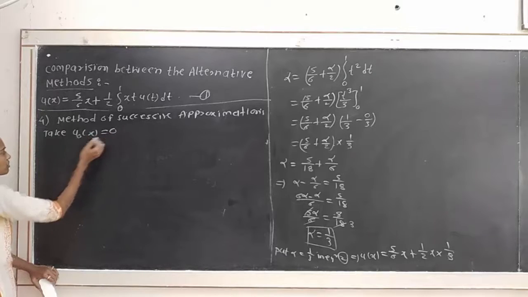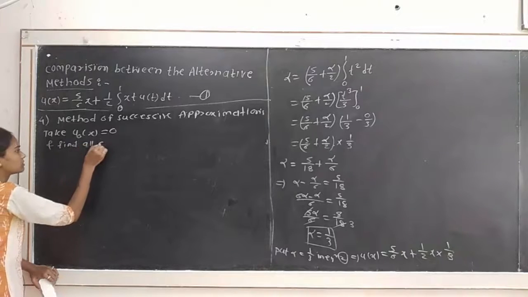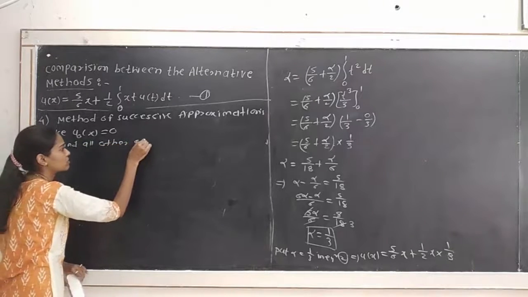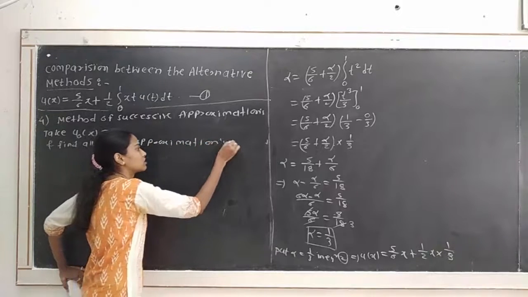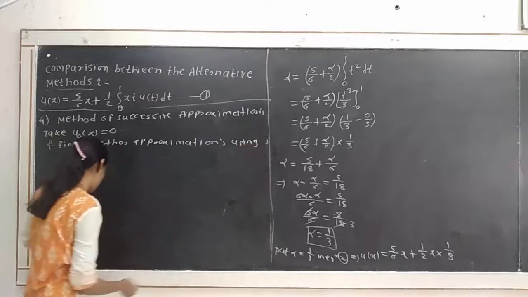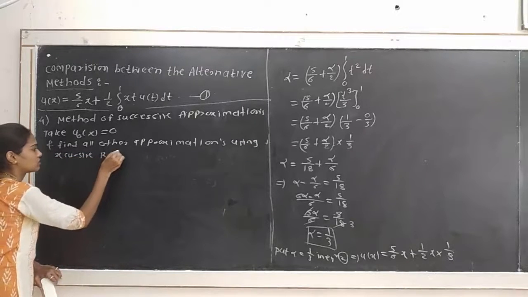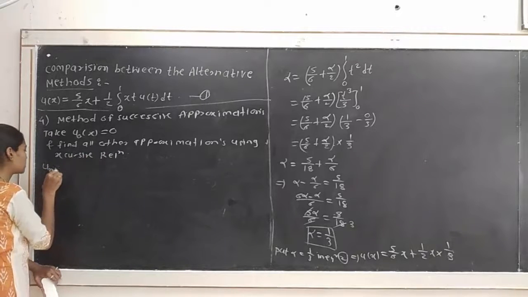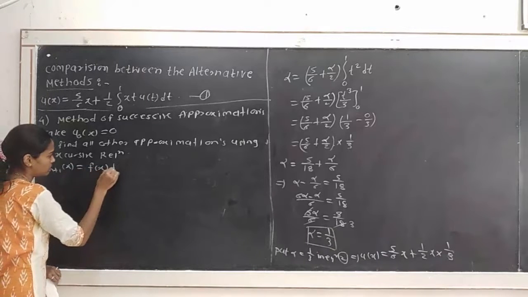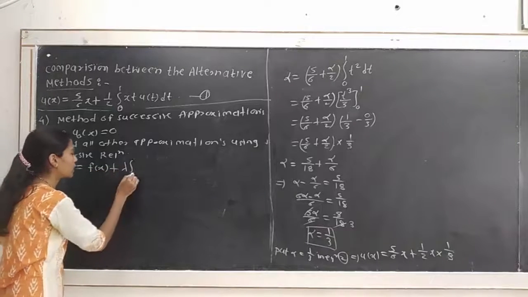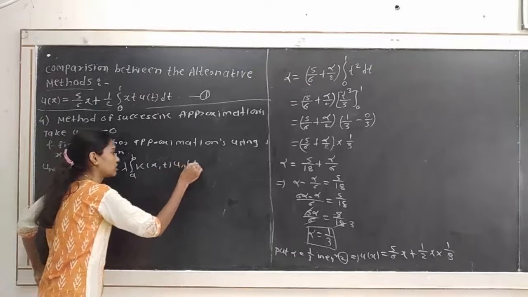So u0 of x is equal to 0, and find all other approximations using a recursive relation, that is u(n+1) of x is equal to f of x plus lambda, integration from a to b, k of x,t into u_n of t dt.